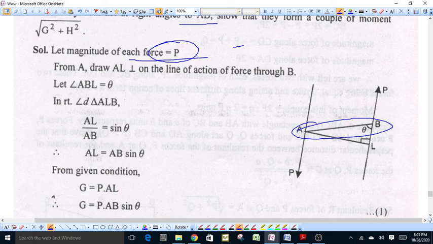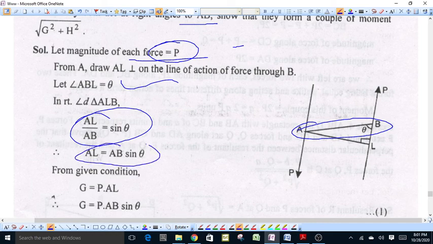Now we draw a perpendicular AL on the line of action of force B. Suppose that this angle ABL is equal to theta. Now in right angle triangle ALB, AL upon AB is equal to sin theta, that is AL is equal to AB sin theta.